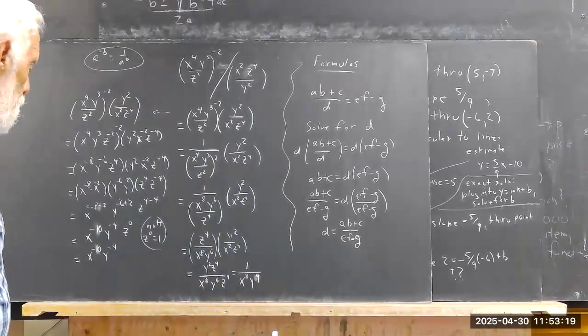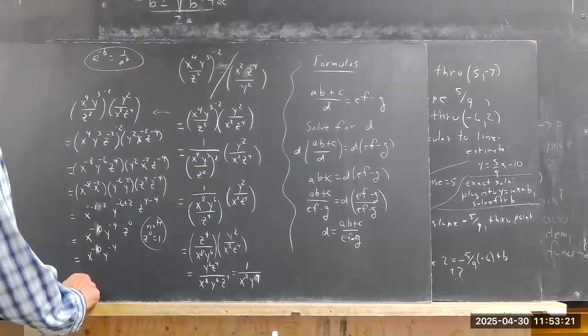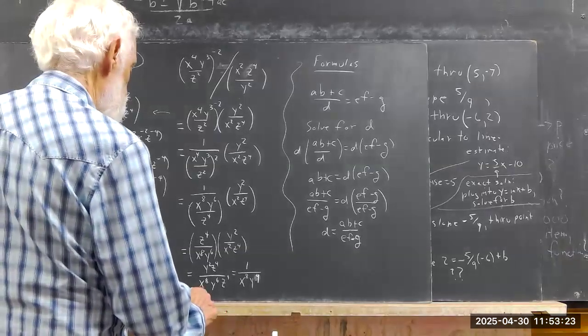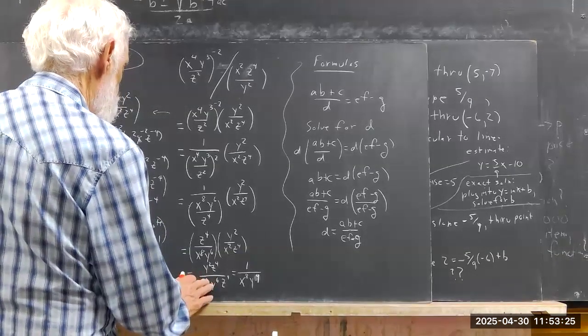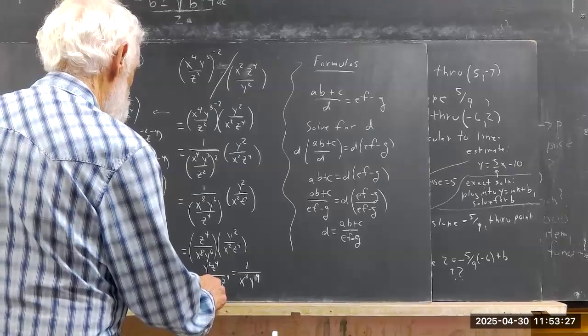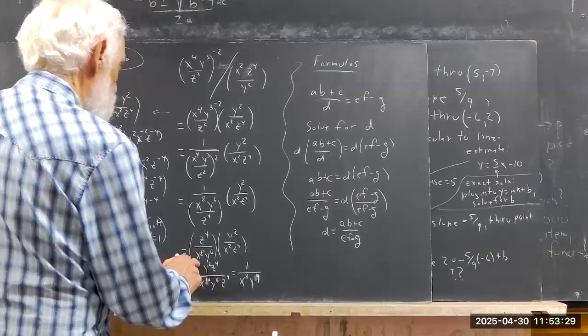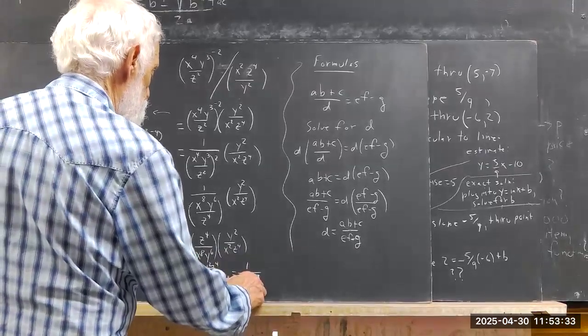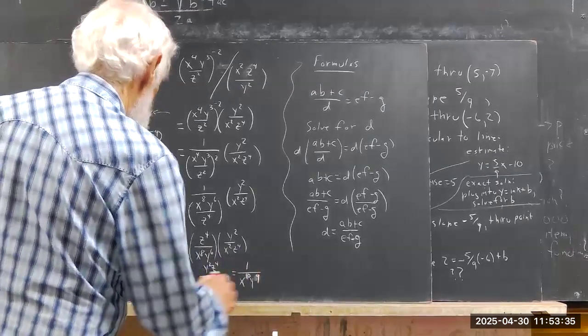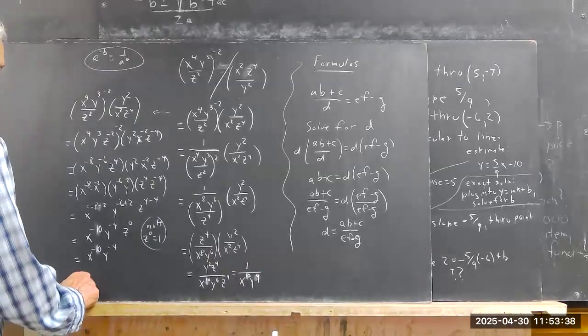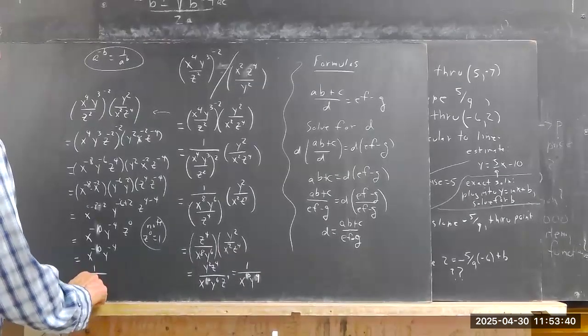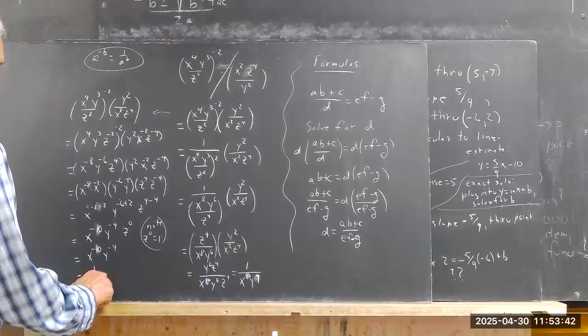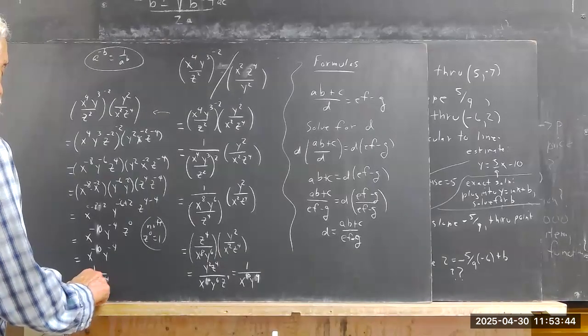And now it agrees with what I have here. x to the 10th is x to the 8th times x squared is x to the 10th. This equals 1 over x to the 10th y to the 4th.